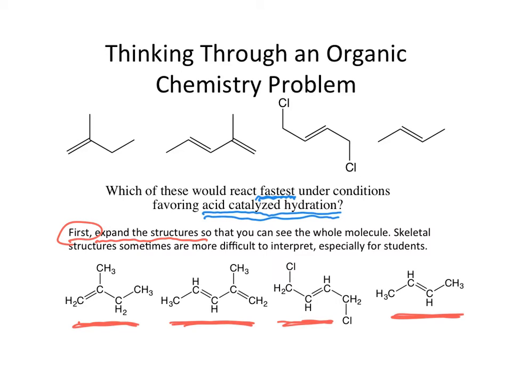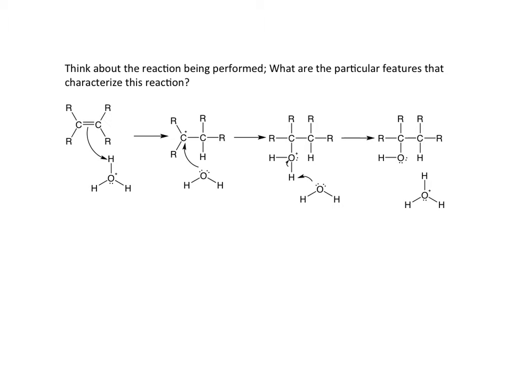That always helps. So now we have to think about what they mean here by acid catalyzed hydration, right? Let's think about the specifics of that reaction. Sometimes we can do this in our heads, sometimes we have to write it out.